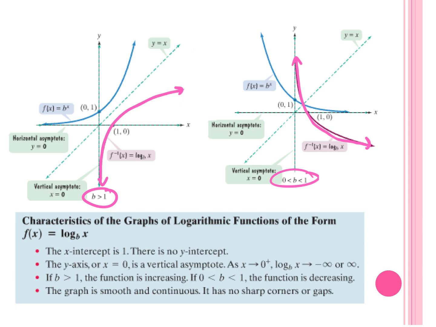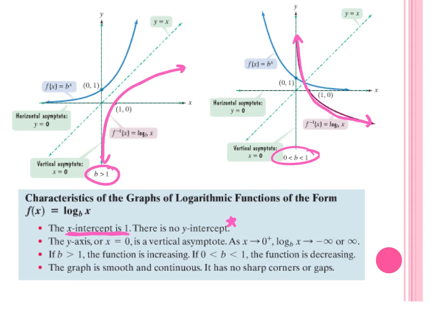So for our log graphs, the x-intercept is 1, and there is no y-intercept. This is the opposite from when we had exponential graphs. We had no x-intercept, and our y-intercept was 1. The y-axis, or x equals 0, is our vertical asymptote.